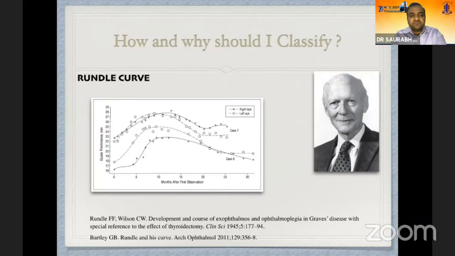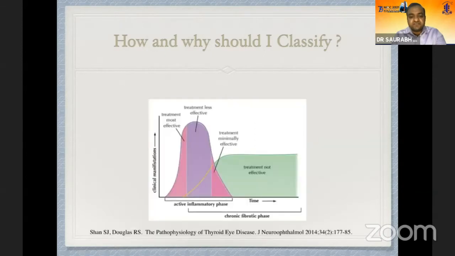And it is important to know about the Rundle's curve, which should be plotted in every patient, which is basically the natural course of the disease and comprises two phases, the active inflammatory phase and the chronic fibrotic phase. The active inflammatory phase typically lasts for 1 to 1.5 years, but it is not a rule. It may not be completely seen in any patient, or it may be prolonged or shortened.